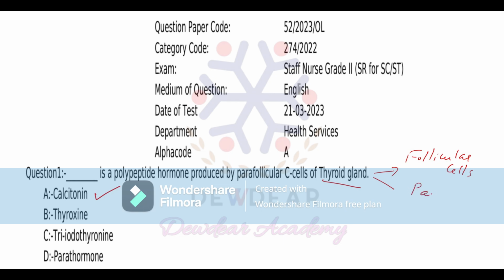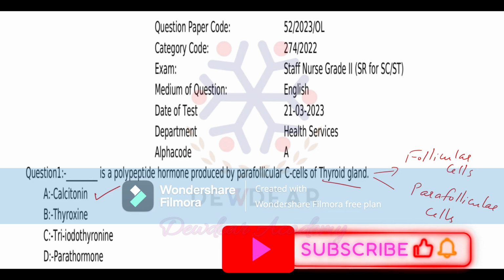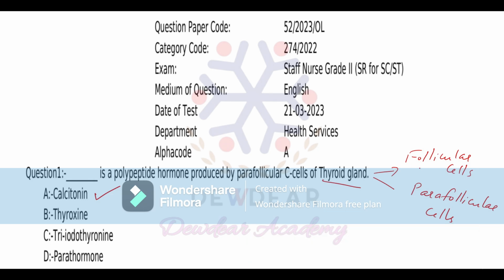The follicular cells of the thyroid gland line the thyroid follicles and they are responsible for producing the hormones thyroxine, or we will call T4, and triiodothyronine, that is T3.